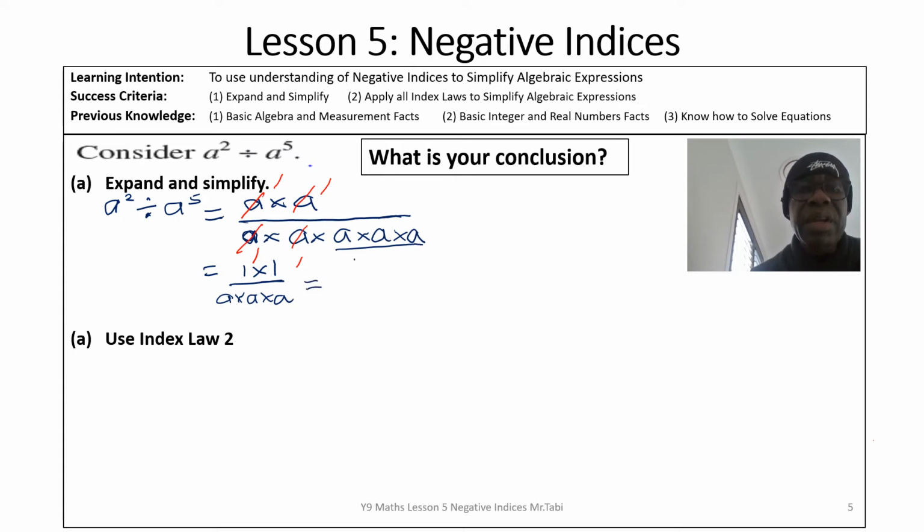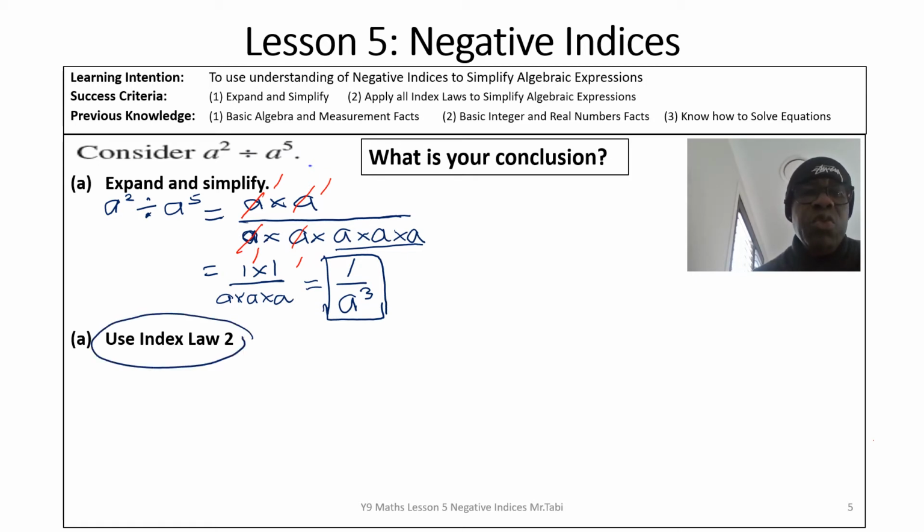And this is simply 1/a to the power of 3. That is using expand and simplify. Now, if I use index law 2 and apply that to a squared divided by a to the power of 5, since the bases are the same, I'm simply subtracting the powers.